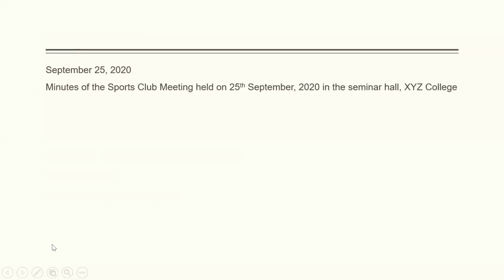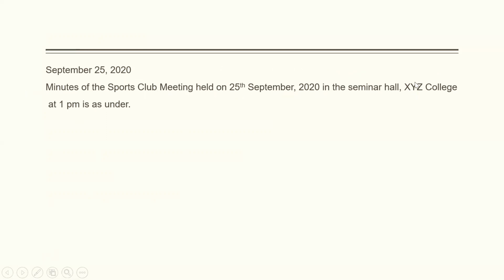First, you have to provide the date, that is September 25th, 2020. That is the date provided. Next, you have to provide the description. This is the minutes of the sports club meeting held on 25th September 2020, in the seminar hall.